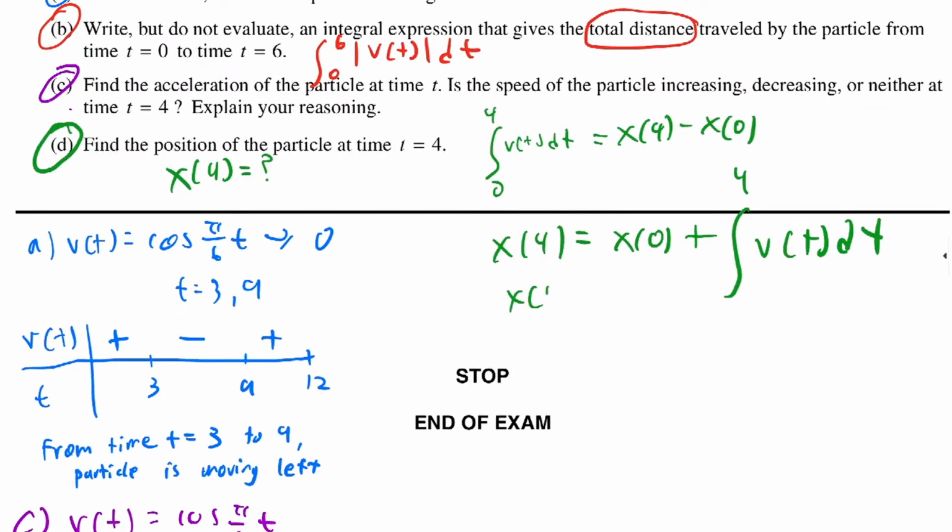So x of 4 is really equal to negative 2 plus the integral. I'll write this down actually. So x of 4 is negative 2 plus the integral from 0 to 4 of v of t dt.